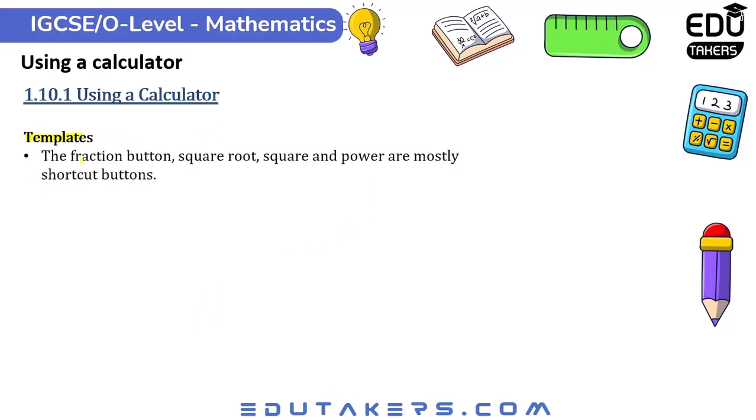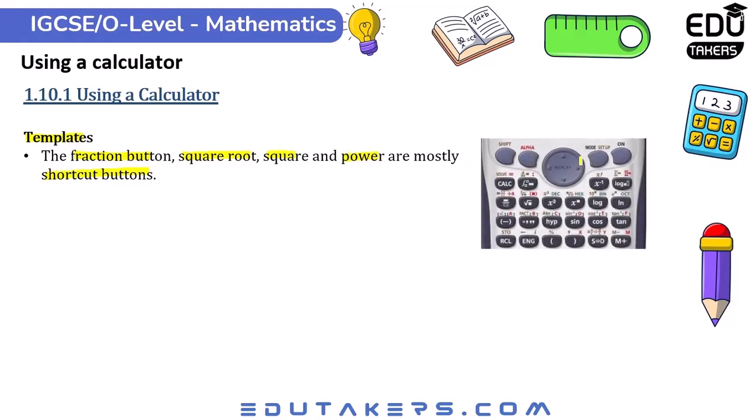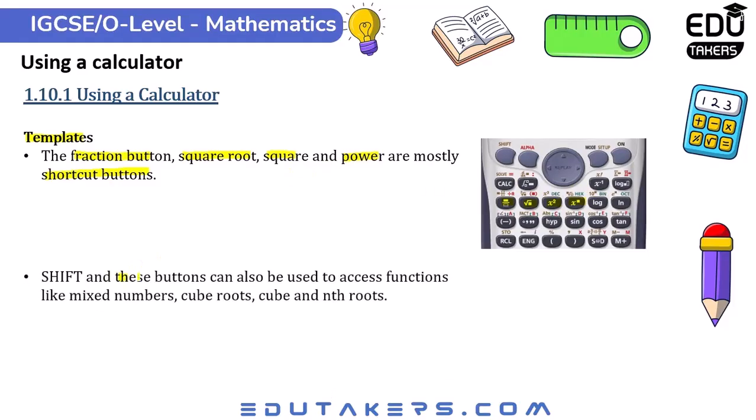Templates. The fraction button, square root, square and power are mostly shortcut buttons. Fraction button, this one, and square root, then square and powers. Shift and these buttons can also be used to access functions like mixed numbers, cube roots, cube and nth roots.